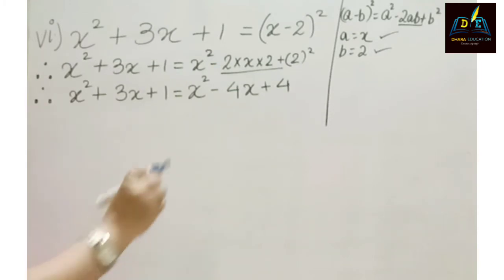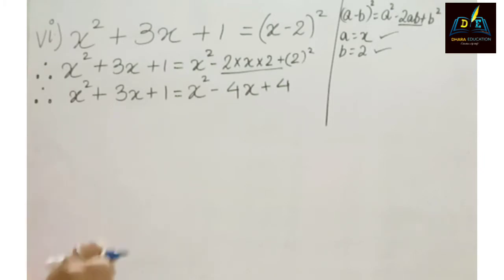If you do not implement the proper sign, your sum may go wrong. Your method is right, but due to the sign it may go wrong. So always take care of the sign and recheck once again.